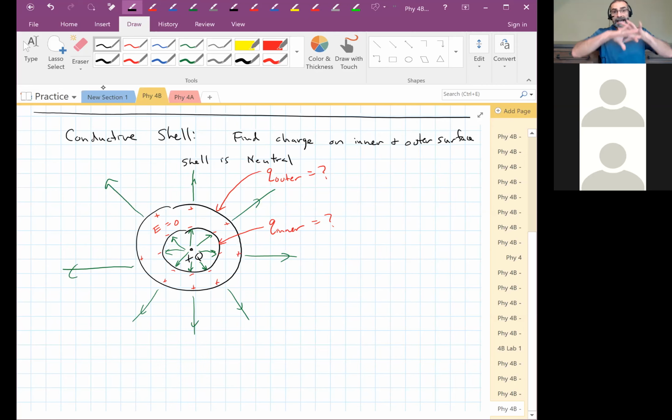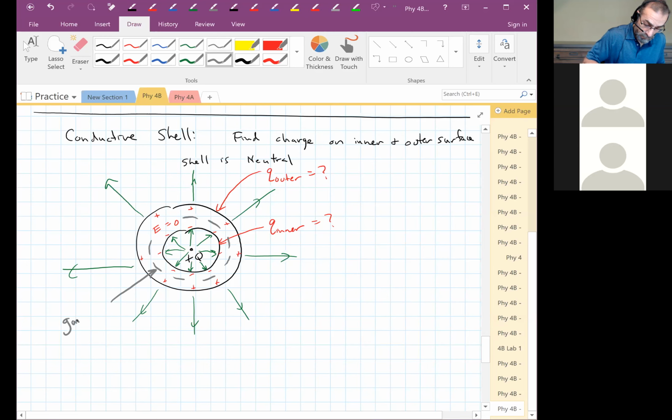So when we draw our Gaussian surface, if we draw our Gaussian surface here, then we say the integral E dot dA is Q in over epsilon naught.